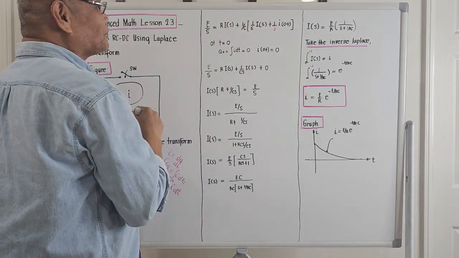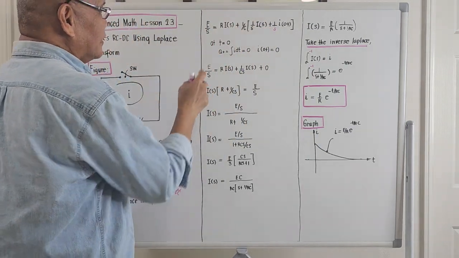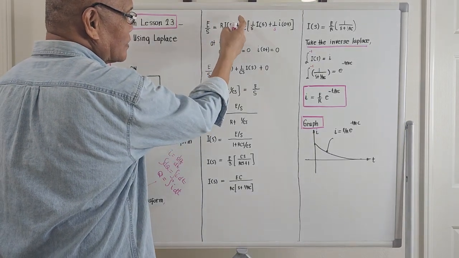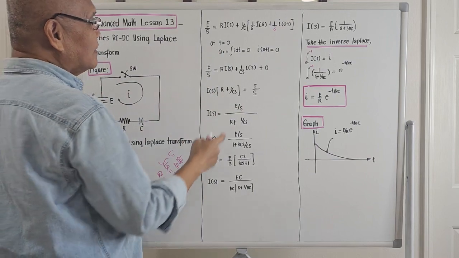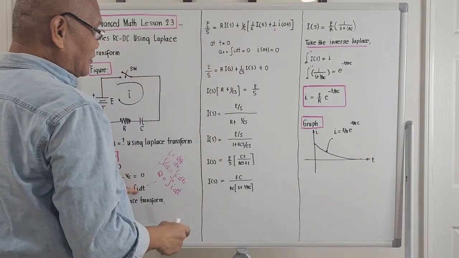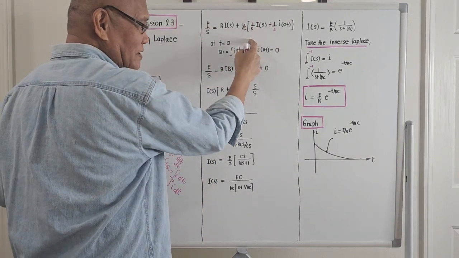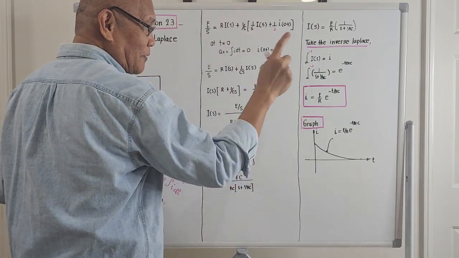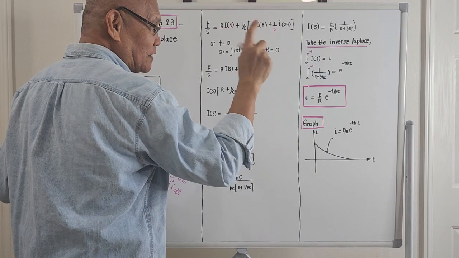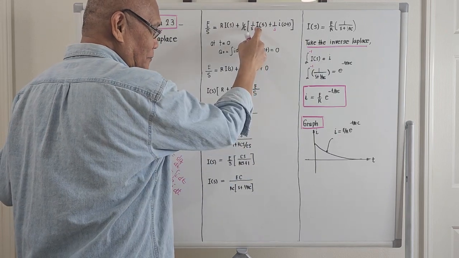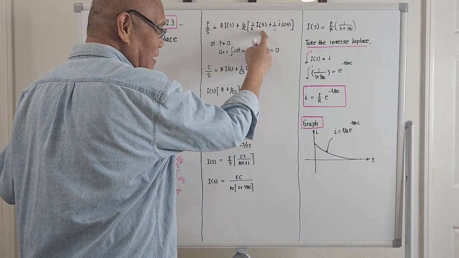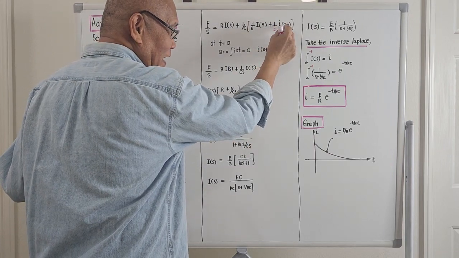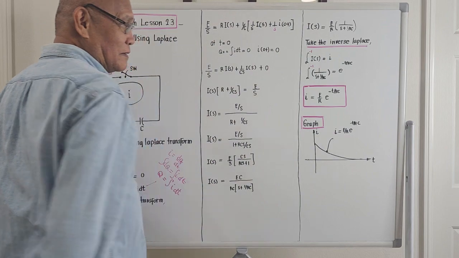So what comes out will be E over s equals R times I as a function of s, plus 1 over C times the Laplace of the integral, which is 1 over s, capital I as a function of s, plus 1 over s, the integral of i dt at 0 plus.